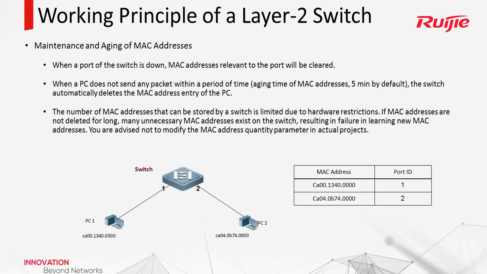So of course, there is the aging time. In our device, the aging time is 5 minutes. So, for example, when link 2 is down, the MAC address of PC2 will disappear in 5 minutes.